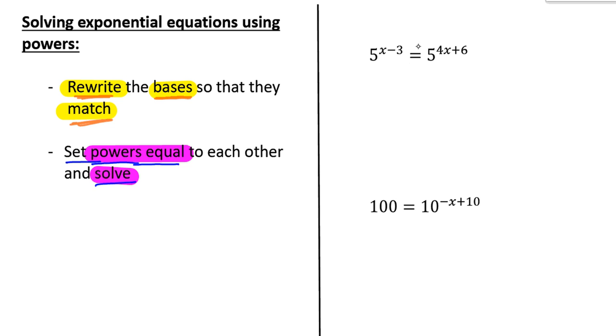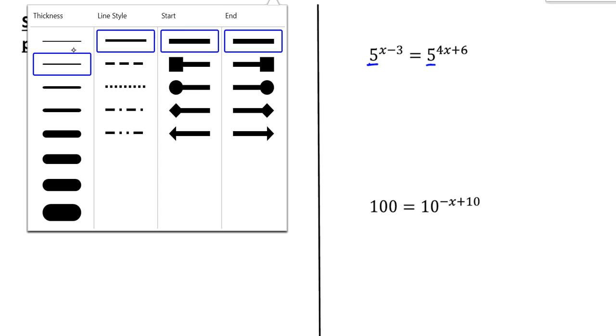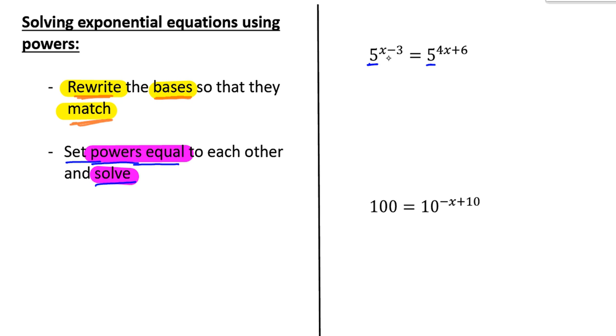So this first example here, 5 to something equals 5 to something. So those two quote-unquote somethings can now be set equal to each other, which forms an equation, a nice simple equation that you would solve from there.